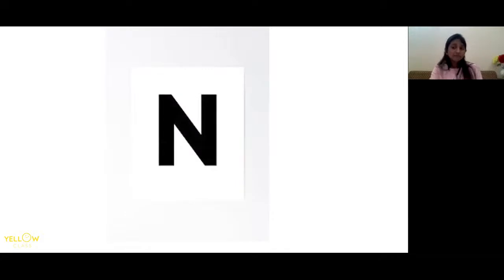And what about the letter N? N for Nandita, and N for so many things also. Okay, so will N be symmetrical? See, along the horizontal line first of all, then the vertical line, and maybe the slant lines like this, like this. It has to be exactly the same.